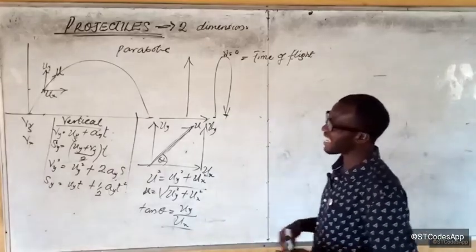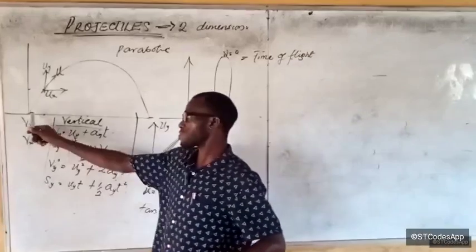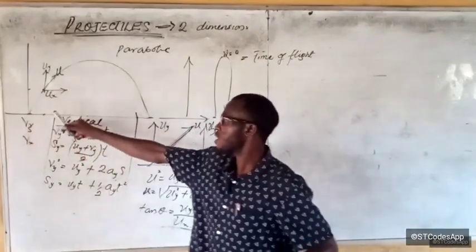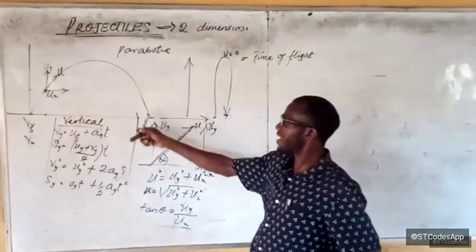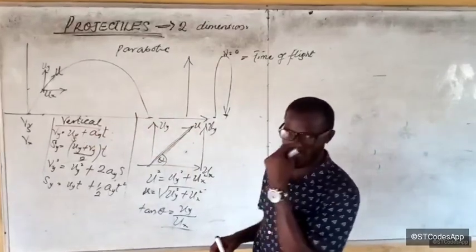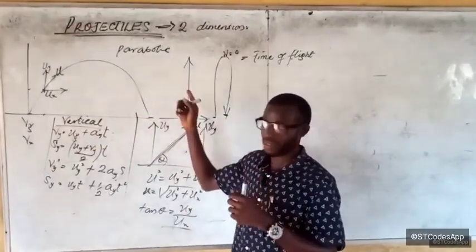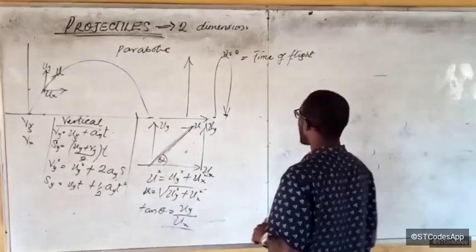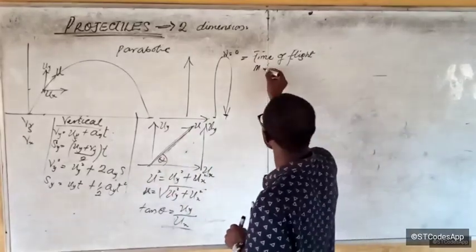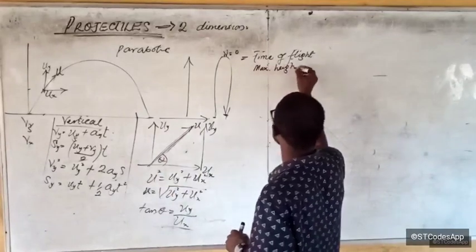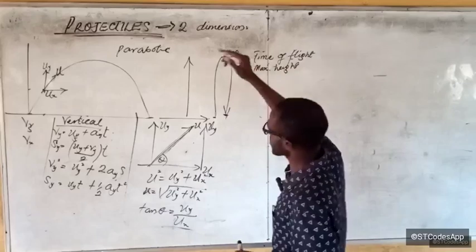Time of flight is the entire time it took for the body to move from the point of projection back to the same plane. So total time of flight is the total time it took to fly until it came back to rest. That is time of flight. And there's also the maximum height that it attained. So this point here is its maximum height.